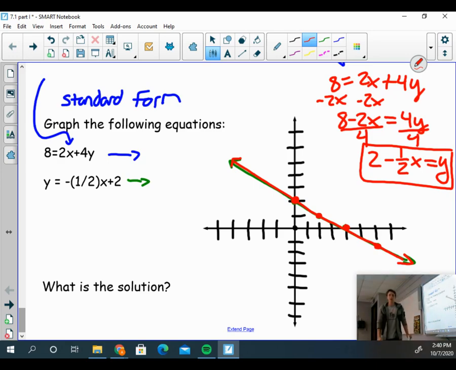Well, unlike parallel lines that have no solution, if where they intersect is the solution to a set of equations, and they are constantly intersecting because one's on top of the other, this would be an infinite solution. The lines are lying on top of one another, which means they're intersecting forever, so it's an infinite solution.